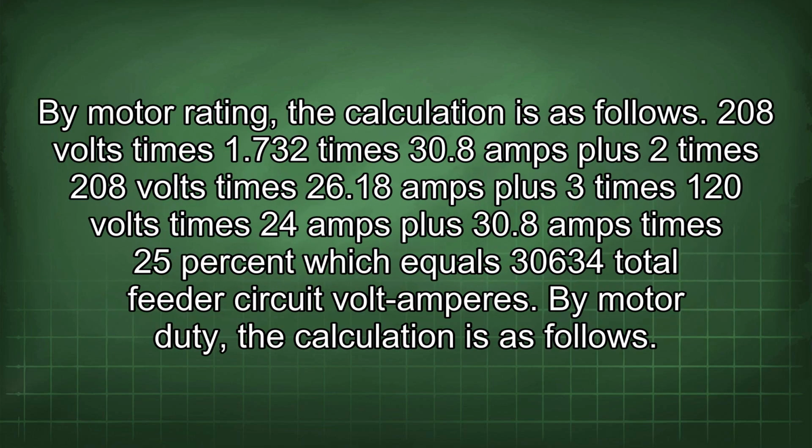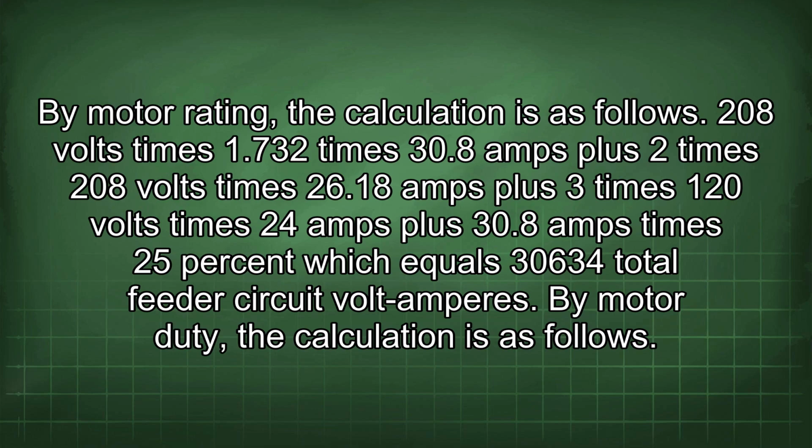By motor rating, the calculation is as follows. 208 volts times 1.732 times 30.8 amps plus 2 times 208 volts times 26.18 amps plus 3 times 120 volts times 24 amps plus 30.8 amps times 25%, which equals 30,634 total feeder circuit volt amperes.